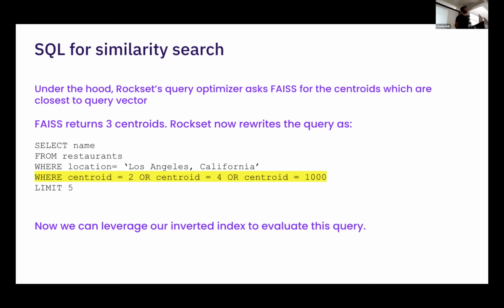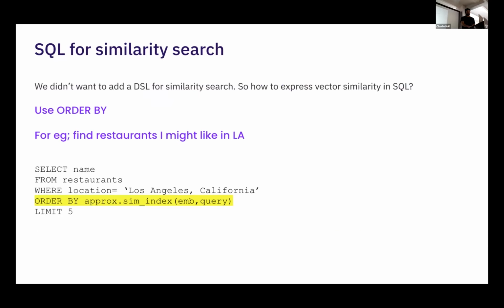Thanks for your talk. I have a question on what the query looks like. In the previous slide, you say approximate the similarity index based on the embedding and the query. But for this example, what does a query look like? So the query would be a vector of floats.